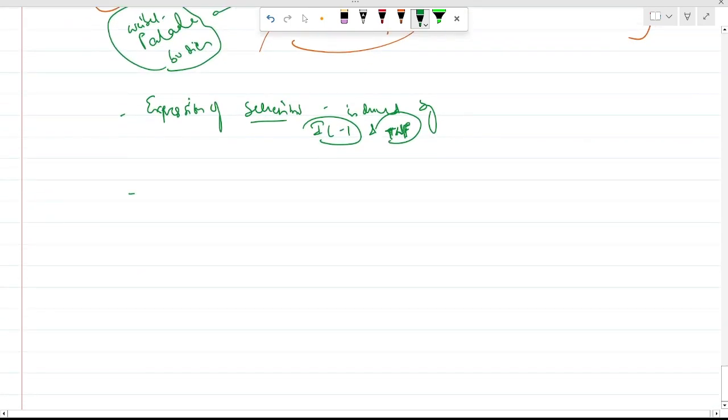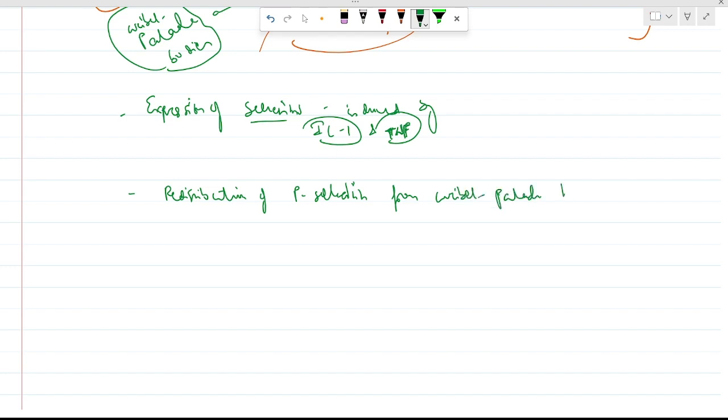What these Weibel-Palade bodies do is redistribution of P-selectin from Weibel-Palade bodies.